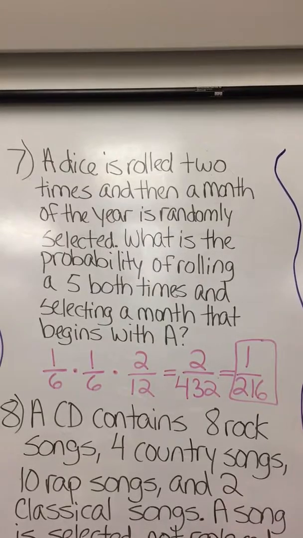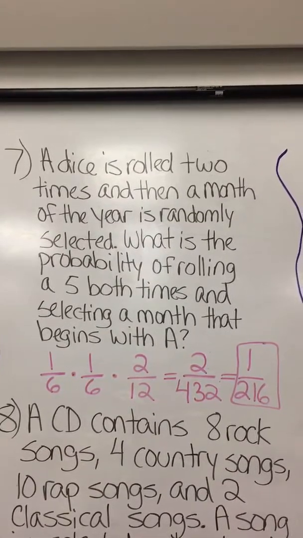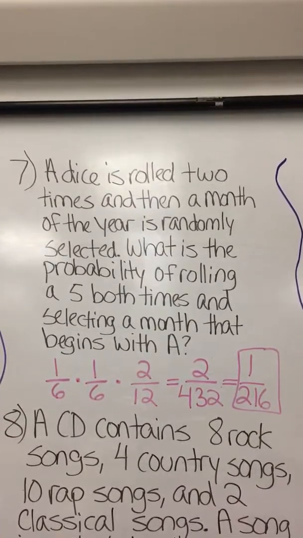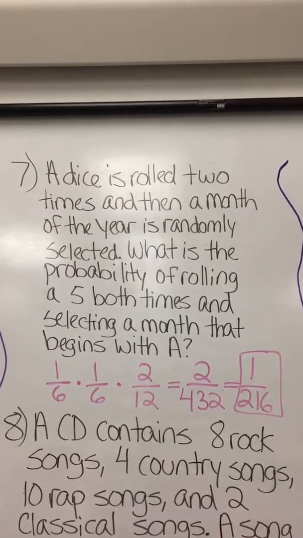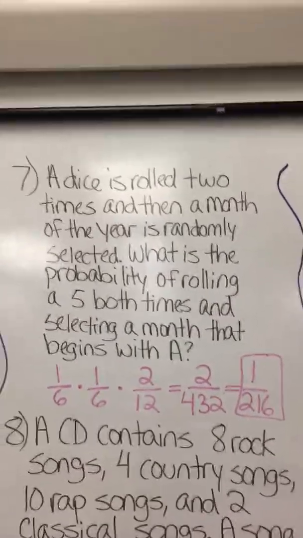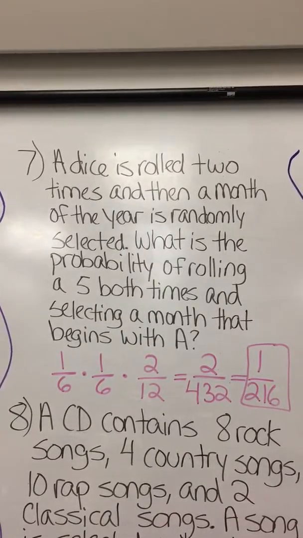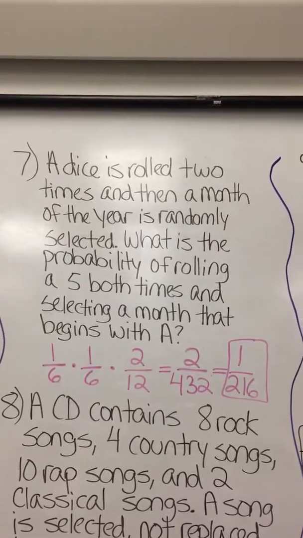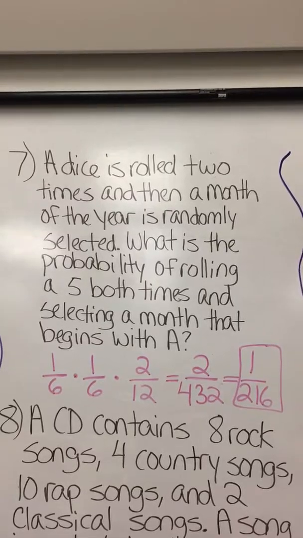So we get 1 out of 6 for the first roll times 1 out of 6 for the second roll. Then we're multiplying the number of months that begin with A, which there's only 2, out of the total number of months, which is 12. When you multiply the top, it comes to 2, and you multiply the bottom, it comes to 432. You can divide both numbers by 2, and that will give you a simplified answer of 1 over 216.